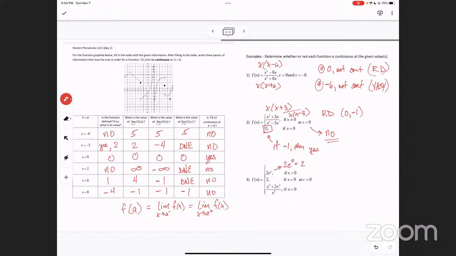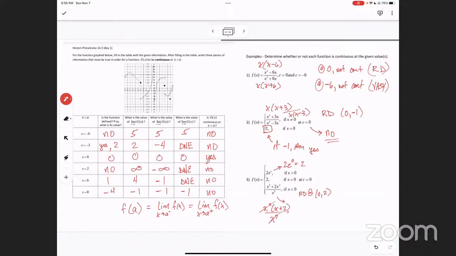And what if I plug in 0 to this one? You'd have a problem, wouldn't you? So we're going to have to factor that out. So it's x squared times x plus 2 all over x squared. So if we just cancel x squared out, we have x plus 2. We have a hole at 0 comma 2, right?